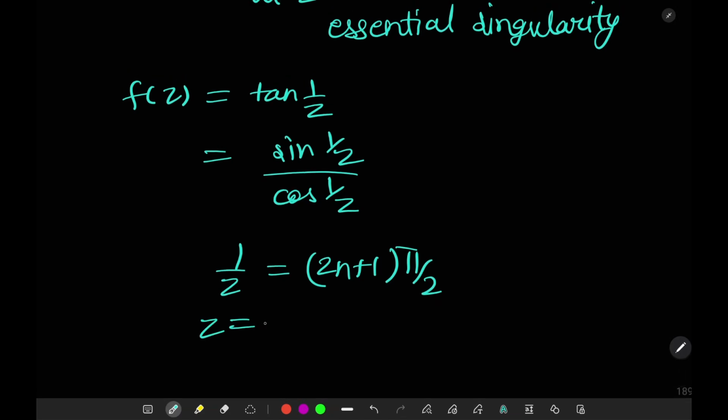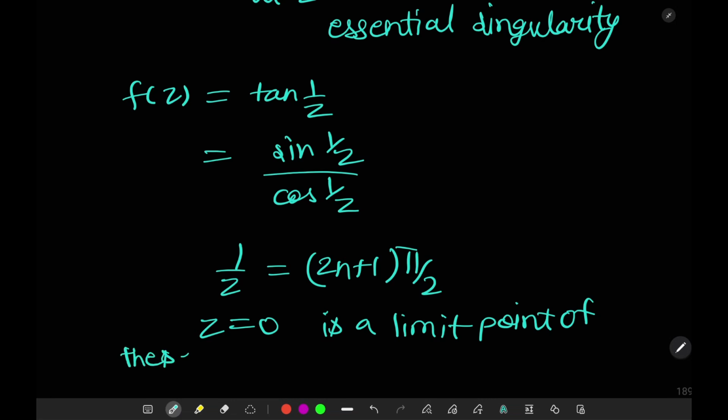So z equals 0 is a limit point of these poles. Hence, it is a non-isolated essential singularity.